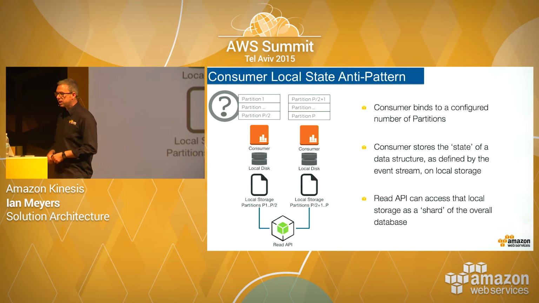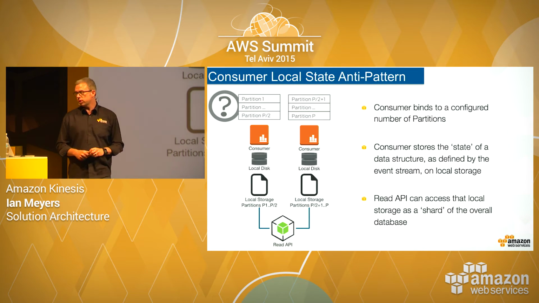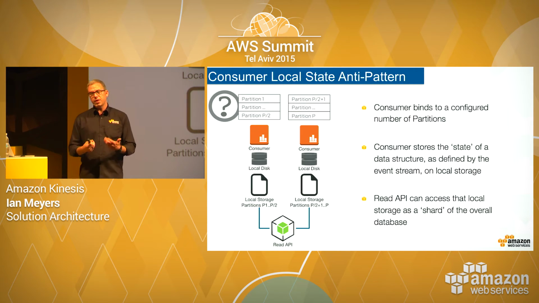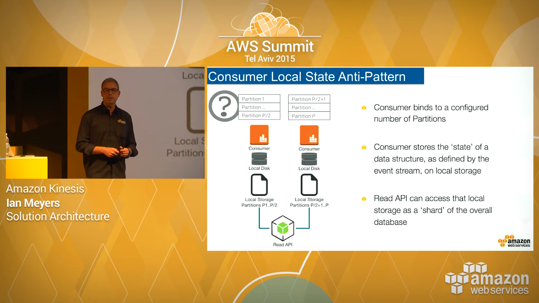So on the point of application state, a very common pattern that we see customers struggling with is that they will bind a consumer to a fixed number of partitions. And they'll use that fixed mapping to do things like maintaining a database on a node.